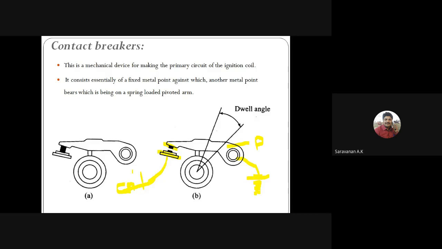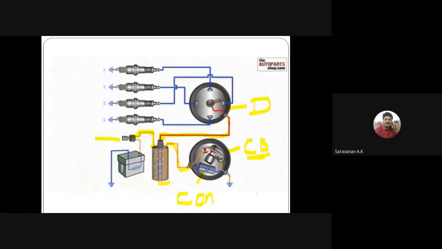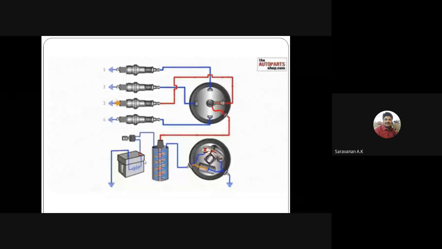You can see here, from the battery, ignition switch and the ignition coil, it is connected to the contact breaker.